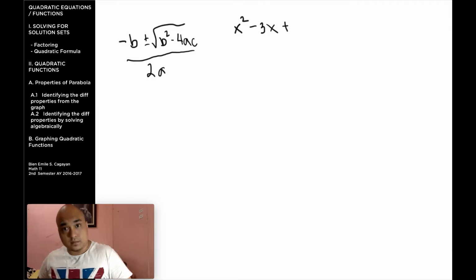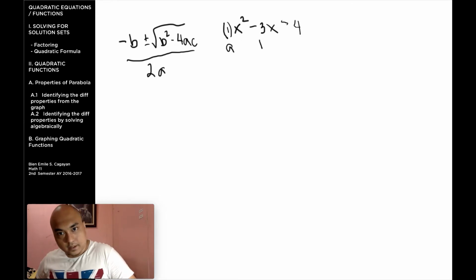If you look at your quadratic equation, let's use the example I gave a while ago: x squared minus 3x minus 4. We know the coefficients in front of them: here we have a 1, this is your a, this is your b, and this is your c.